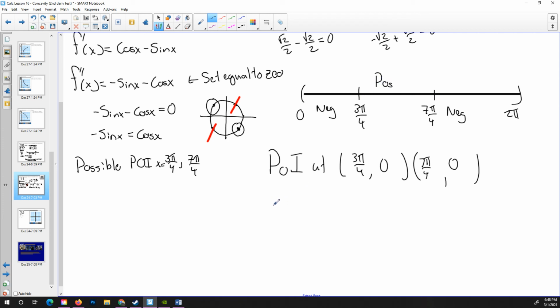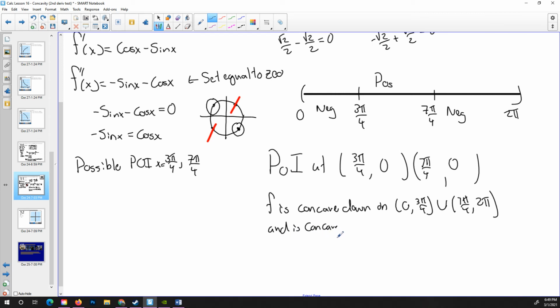So f is concave down on 0 to 3 pi over 4 unioned with 7 pi over 4 comma 2 pi, and is concave up on 3 pi over 4 to 7 pi over 4.